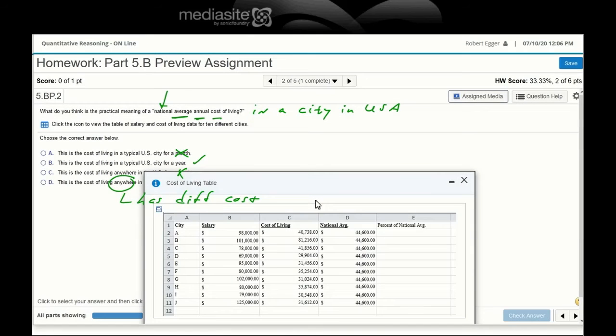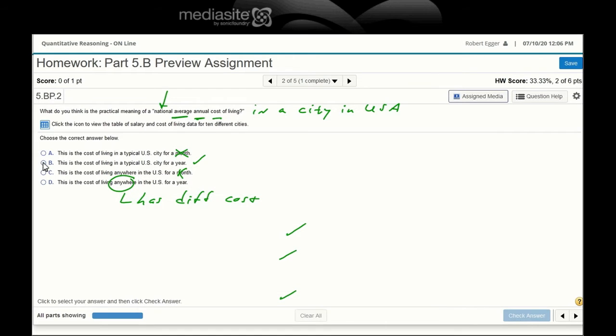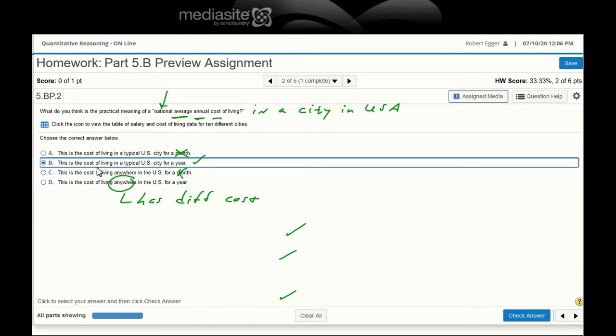Some areas cost $40,000, some cost $30,000, another place costs $29,000, so it can't be D. So it has to be B, cost of living in a typical U.S. city.